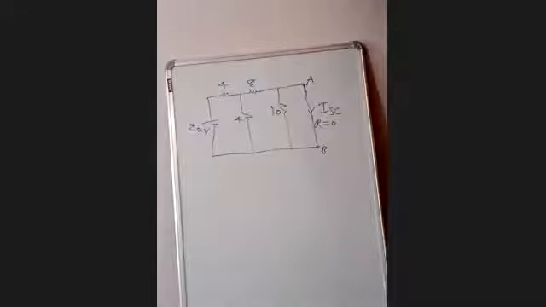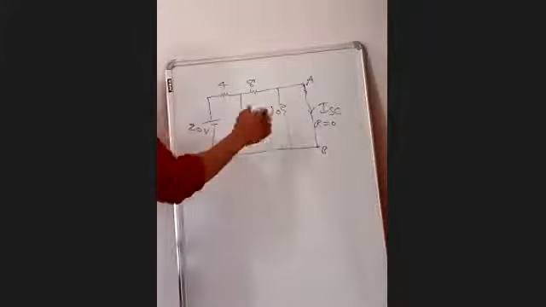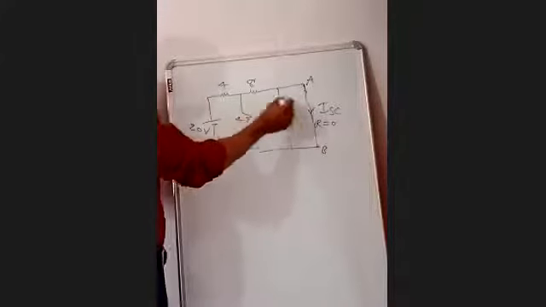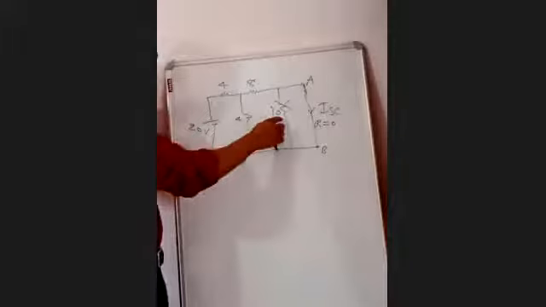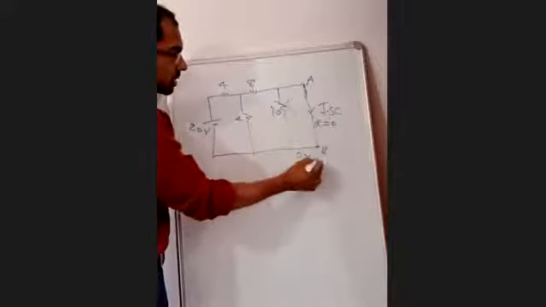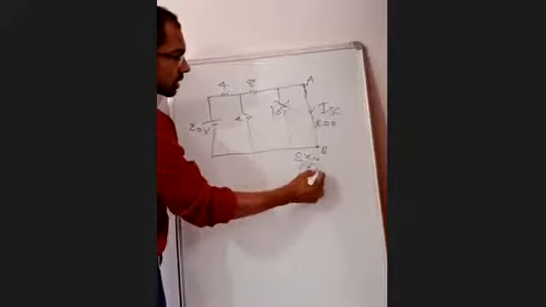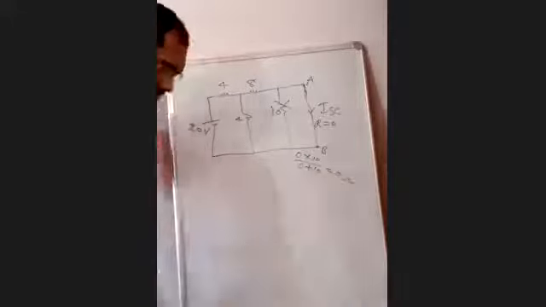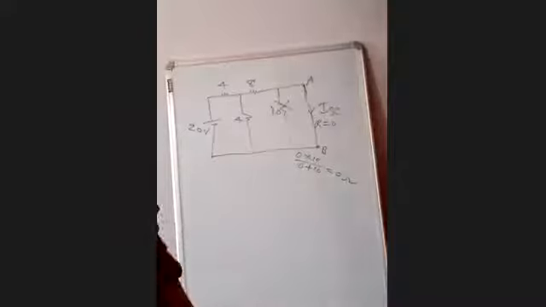Now see here, anything which is in parallel with the short circuit will not work. This resistor will not work. Why? See, these two are in parallel: determine the equivalent of 0 in parallel with 10. The equivalent resistance is 0.